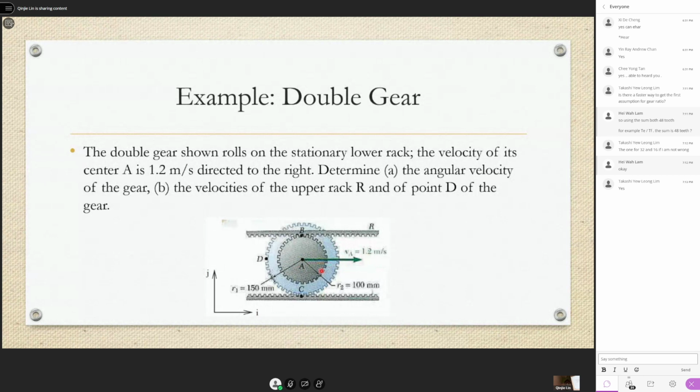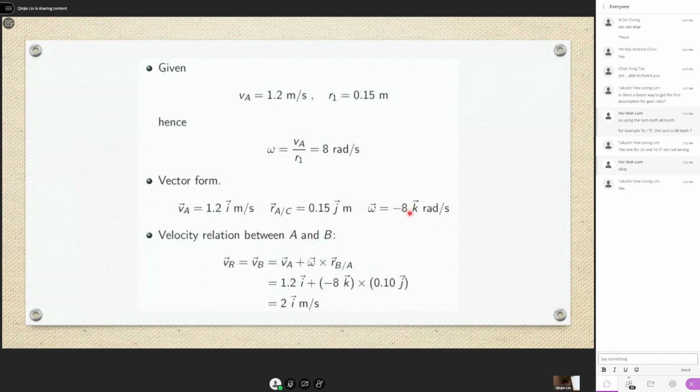So if you use your right hand rule, your fingers follow the rotation to the right, and your thumb will be pointing into the screen. K is pointing out, but the direction is pointing into the screen, so it must be minus k. The direction of the rotation is actually minus k, minus 8k.